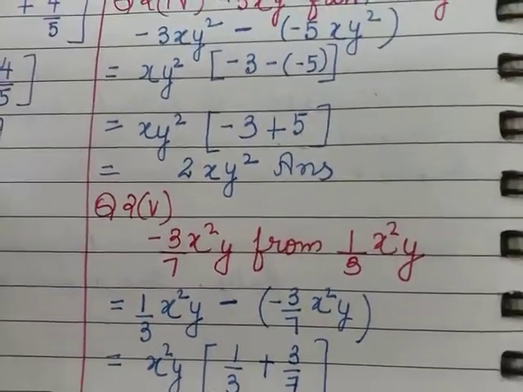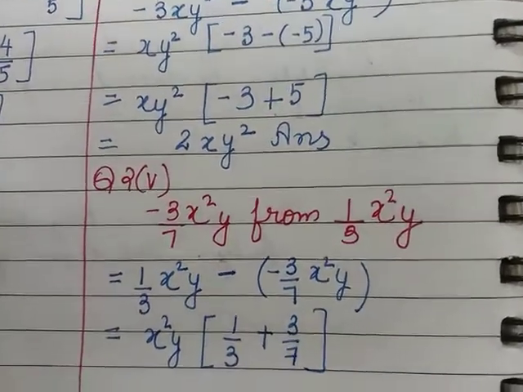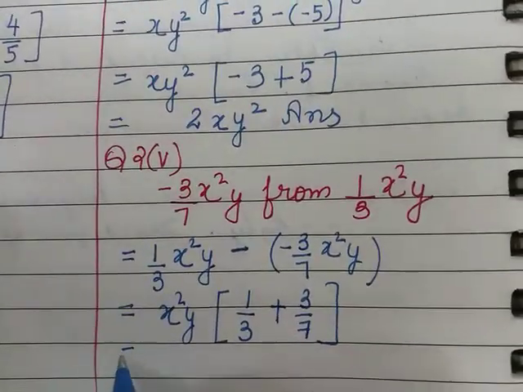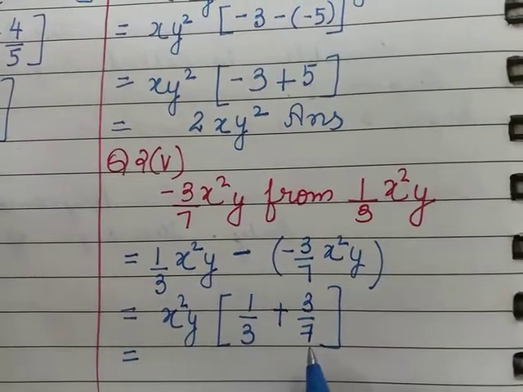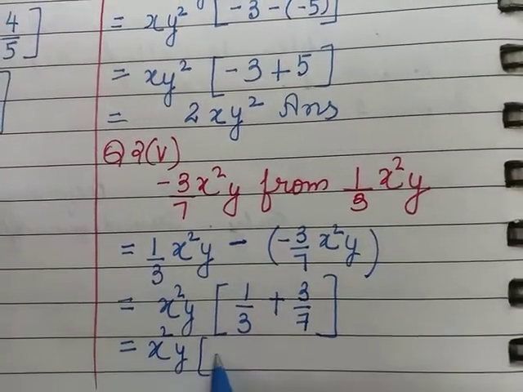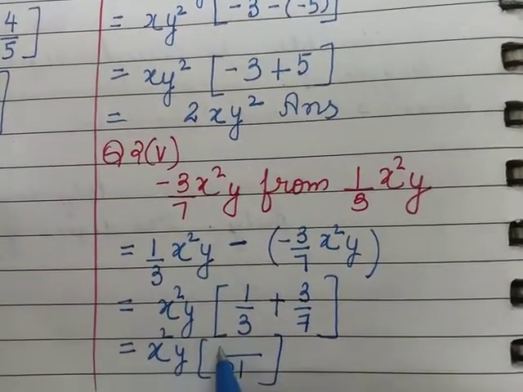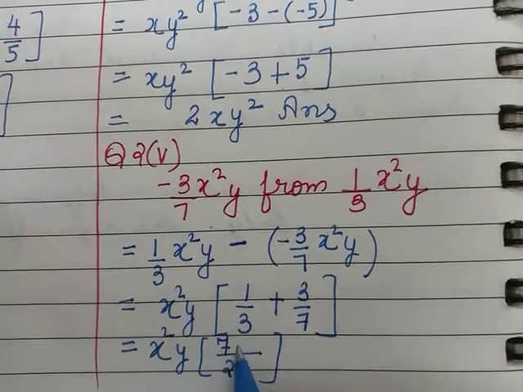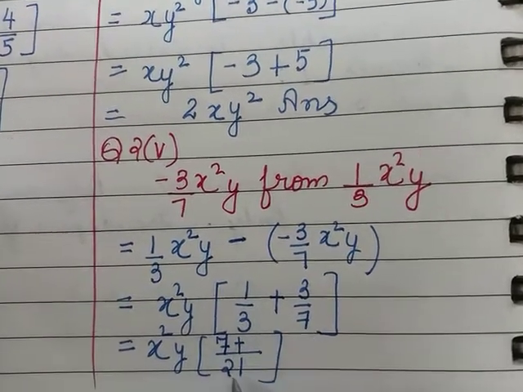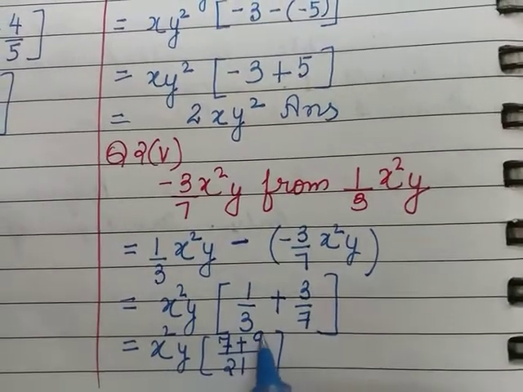Okay children, this way we add or subtract horizontally. Now we write further, 7 and 3 LCM is 21. So we copy down x square y as it is. 21 is the LCM. 3 divides 21 7 times. 7 into 1 will give you 7. 7 divides 21 3 times. 3 into 3 will give you 9.